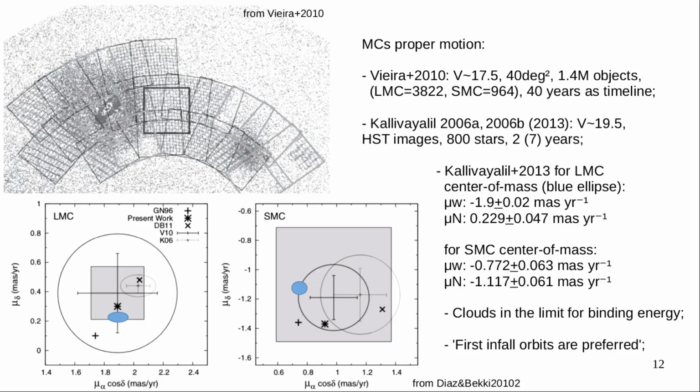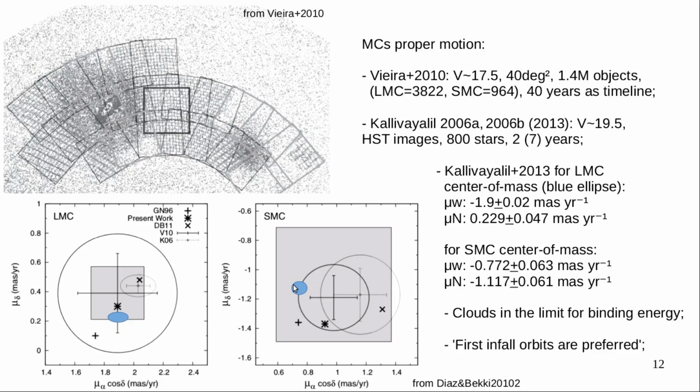The Vieira results are the solid black line for the proper motion for the LMC and for the SMC. Liu 2006 are the dotted ellipses, and Liu 2013 results are the blue ellipses for the LMC and for the SMC.